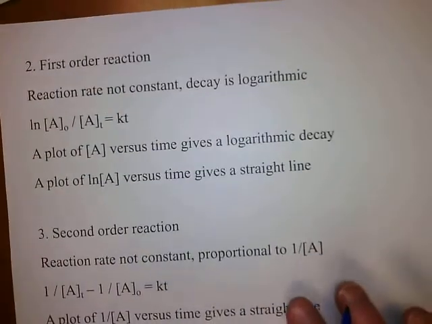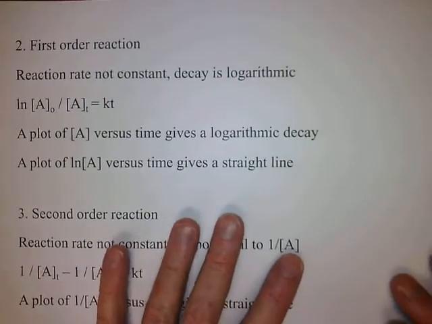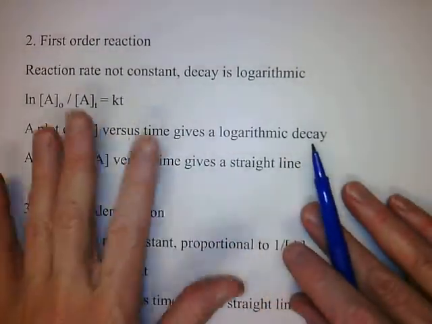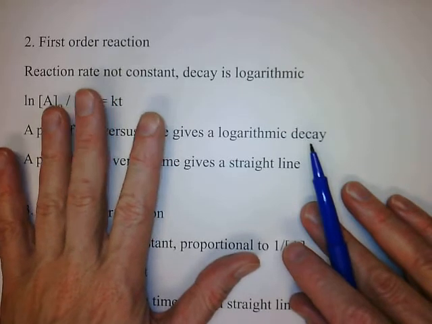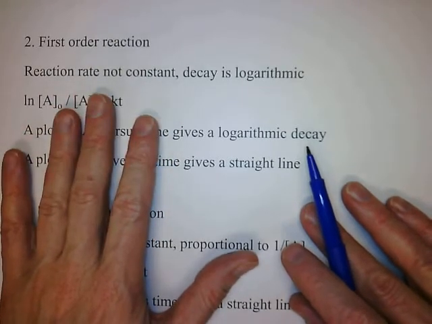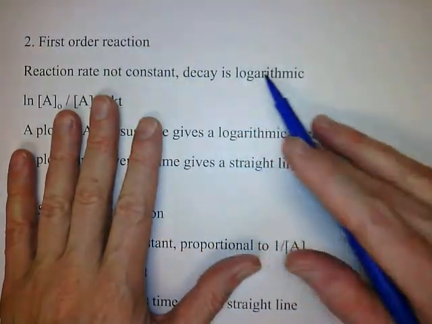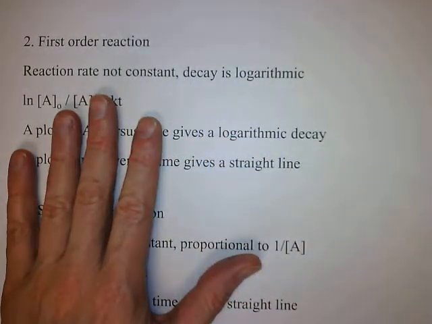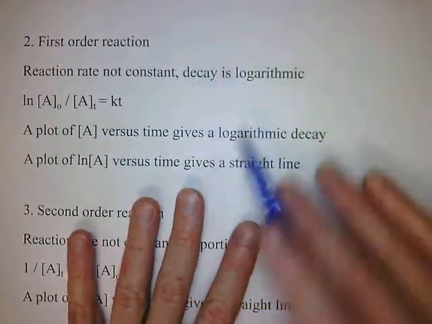Okay? Now, what if you have a first order reaction? Well, now the rate is not constant. The rate depends upon the concentration in the first order. The concentration is constantly dropping, so the concentration follows a logarithmic decay.